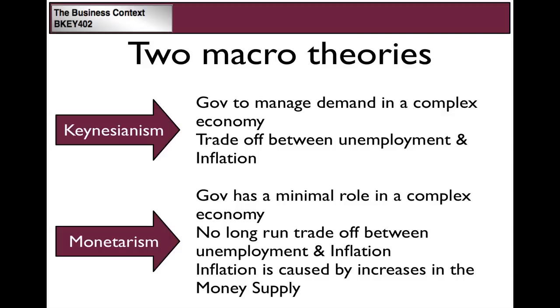Basically, this is a vision that markets work very well and governments tend to make a mess of things when they interfere in the economy. So that's a very important distinction here, where Keynesianism said government had a vital role to manage the economy, monetarism basically says government has no role whatsoever, except a very minimal one, to manage the economy.